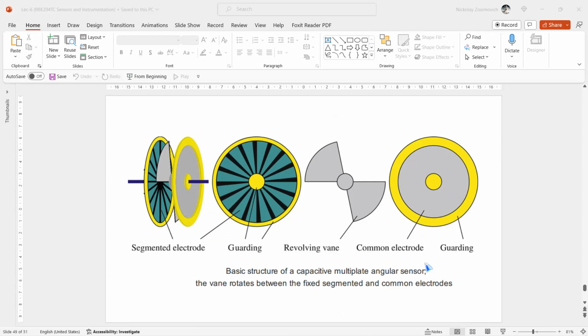Various solutions have been proposed, for instance multiple electrodes on the moving part. Evidently, guard electrodes are indispensable here to reduce stray fields. The resolution of a capacitive multiplied angular sensor can be as high as 18 bits for 5 seconds of an hour.